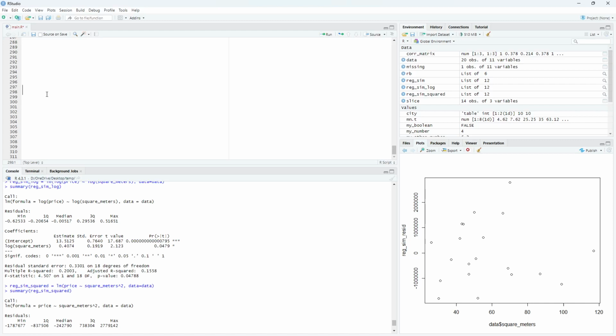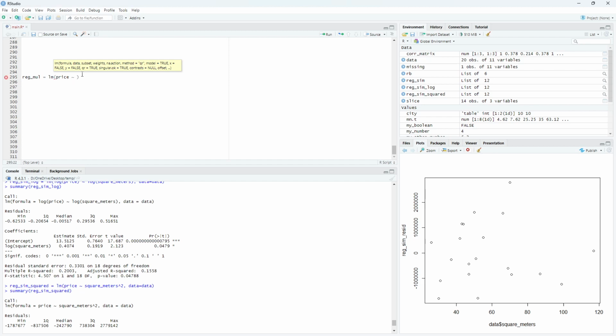Now we can augment our simple regression model with other x variables, and we can then start with regression multiple. We use the linear model, and price is still our y variable.